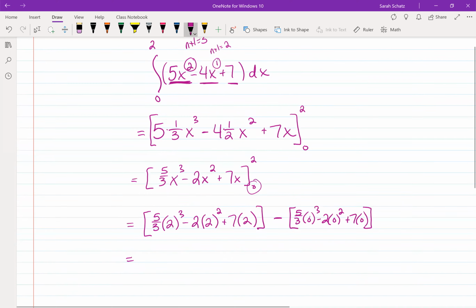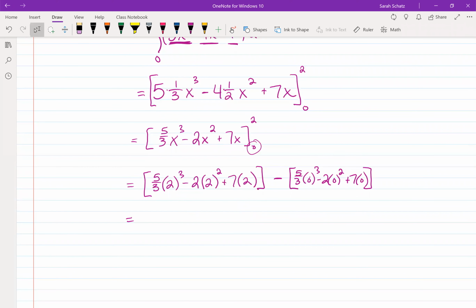Okay, so before we work the one with the 2's, you guys notice that these zeros in for all of these x's is going to make this whole term equal 0. So we'll just have a minus 0 here. So basically your answer is just going to be whatever you get here. So this is 5/3 times 8.